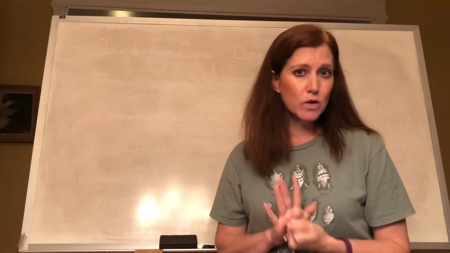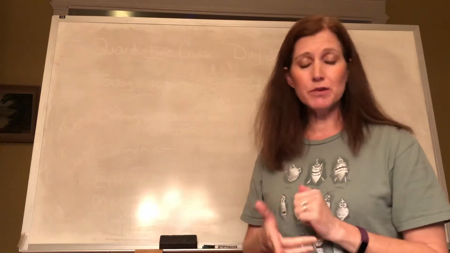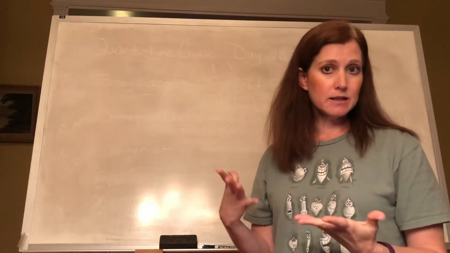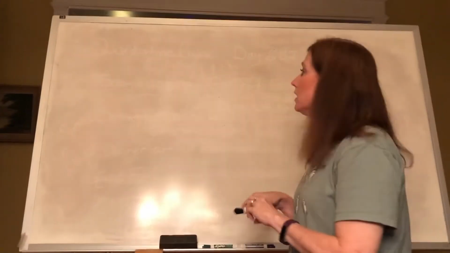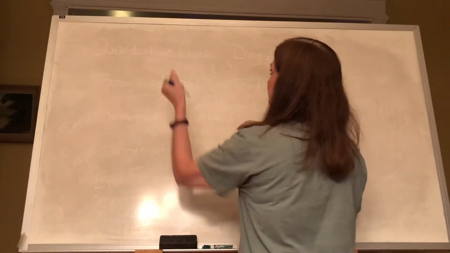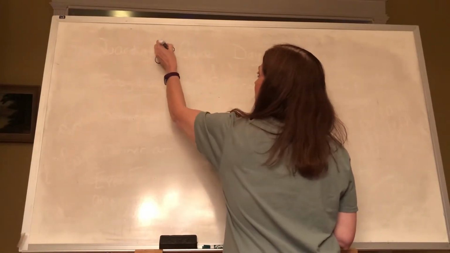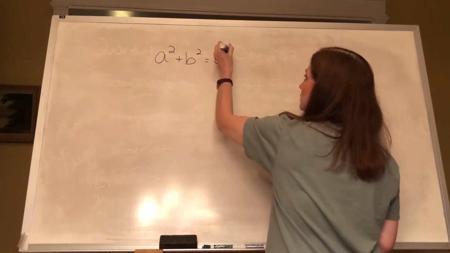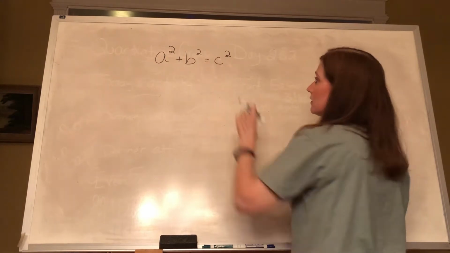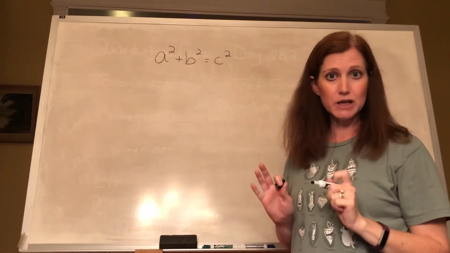All right, so 112 is talking about the Pythagorean theorem. Remember, that's the lesson that we did with our Cheez-Its a few weeks ago, where a squared plus b squared equals c squared. Everybody remembers that's the Pythagorean theorem.